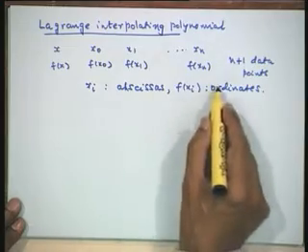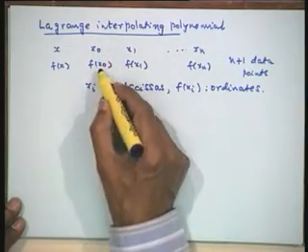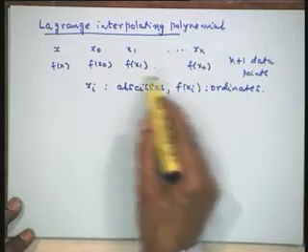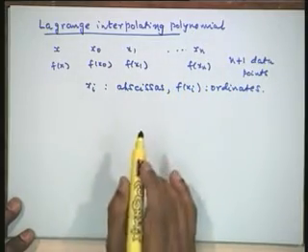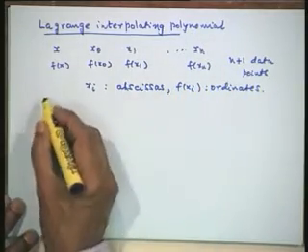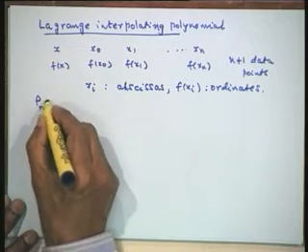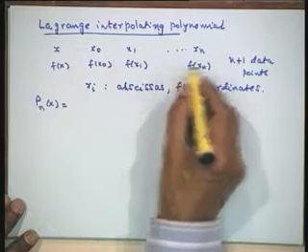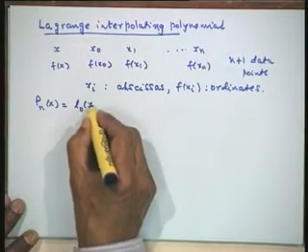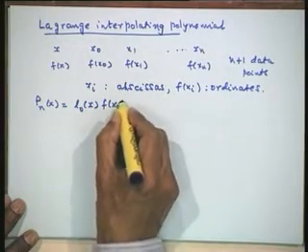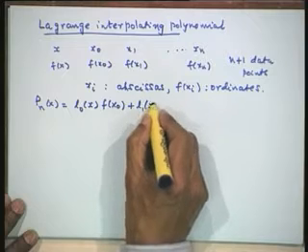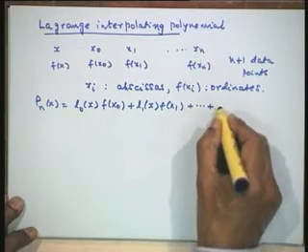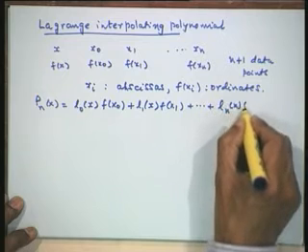Now, this representation is obvious because we can represent x, f(x) as a point in the 2 dimensional coordinate plane. Therefore, we shall call them abscissas and these are the ordinates. Now, we write this polynomial of degree n at x as a linear combination of f x naught, f x 1, f x n, that is some L 0 x f of x 0, L 1 x f of x 1 plus so on, L n x f at x n.